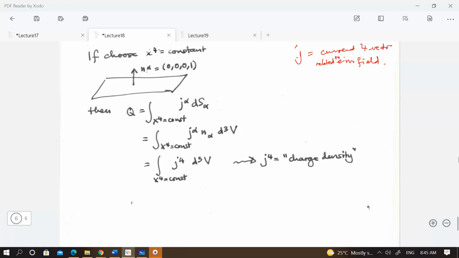The normal to this is essentially this 4-vector with a non-zero component over here, so it points along time. So this is just like before: you have a time-like vector here, and this will be some kind of space-like surface. But instead of considering the boundaries that bound a volume, we just consider this particular surface. So I have J alpha dS alpha.